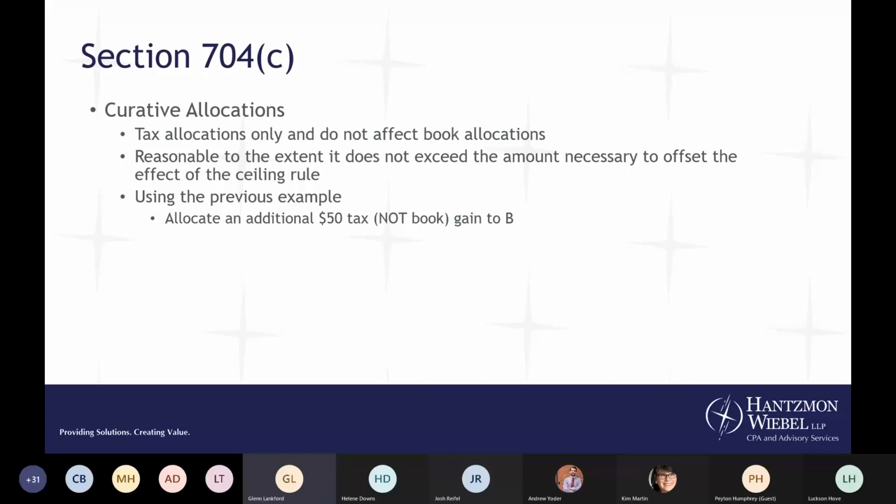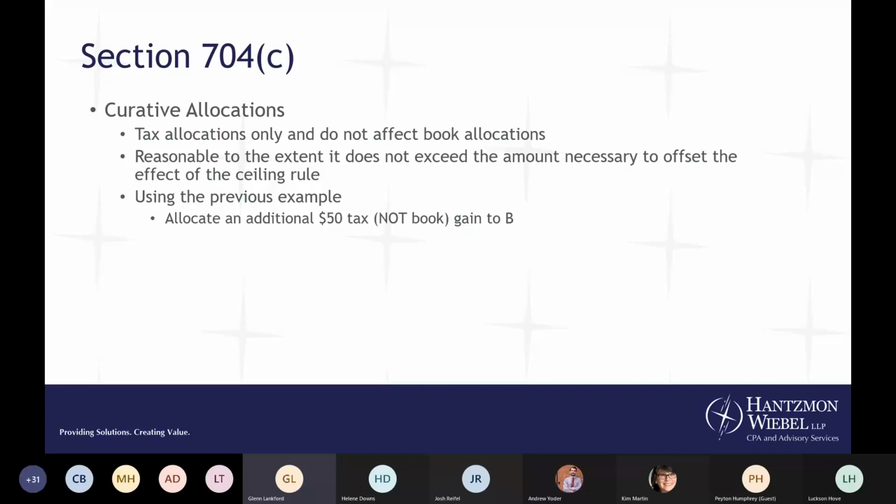You can make up income out of thin air and allocate it. If it requires allocating tax depreciation to partner A, you can actually allocate negative depreciation to partner B.